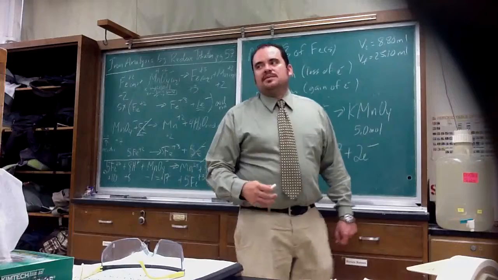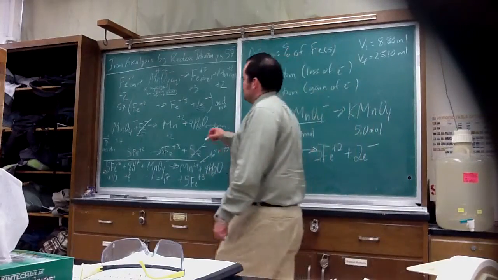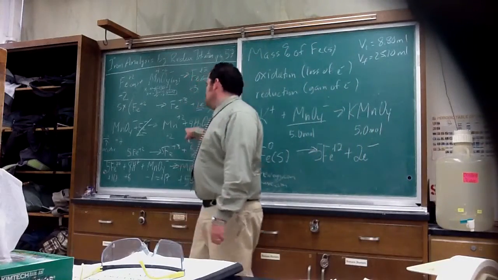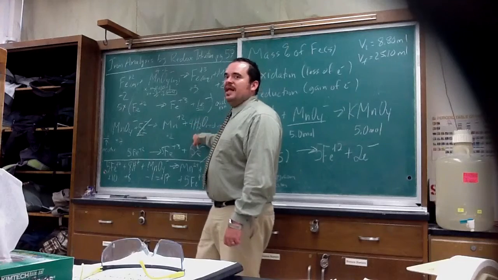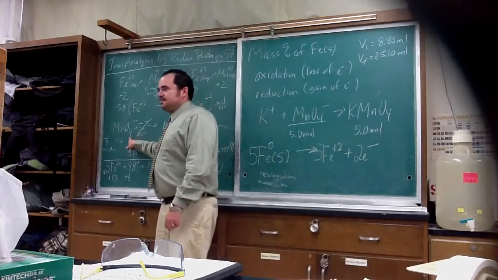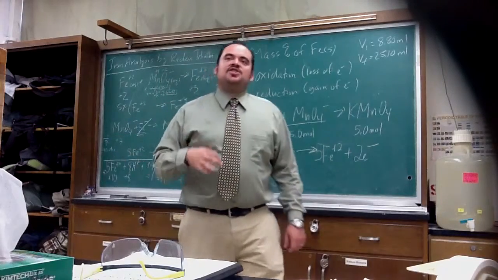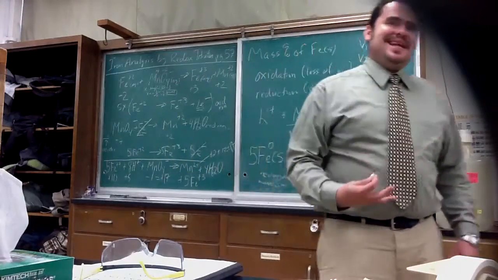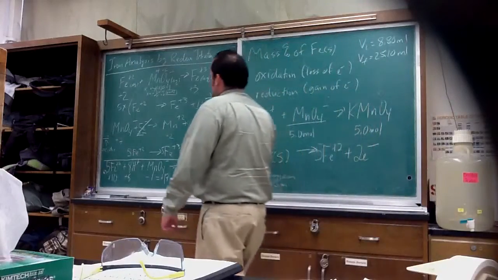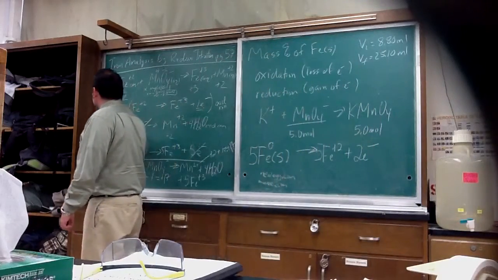So that's balanced. Okay? Now, I have hydrogens. How many of them? 8 on the product side. How many do you have over here? 0. So what I'm going to do is add protons now. I need how many over here? 8 of them.